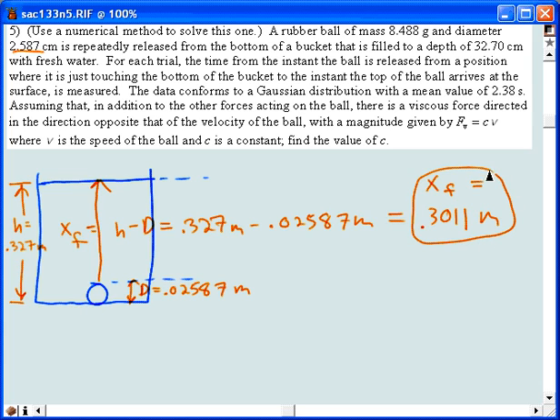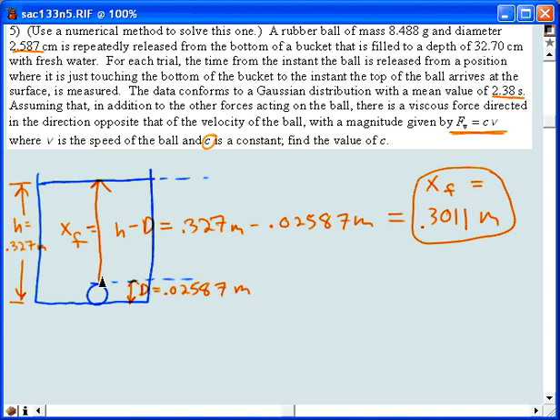Alright. So what we're saying is you release the ball and it gets to the surface having traveled a distance of 0.3011 meters in 2.38 seconds. And we're supposed to find out what C is, which represents a coefficient of viscosity of the water, creating this retarding force on the ball.